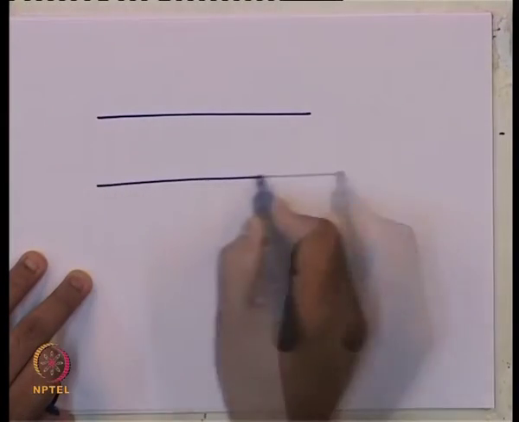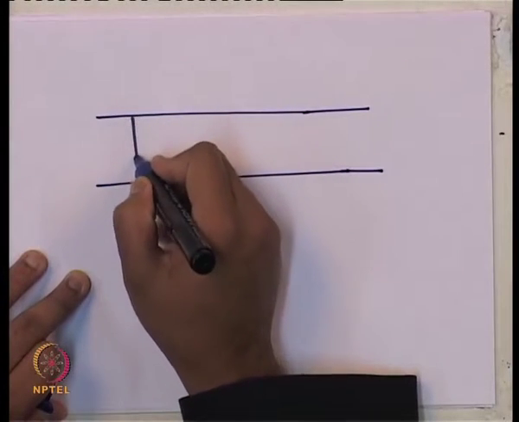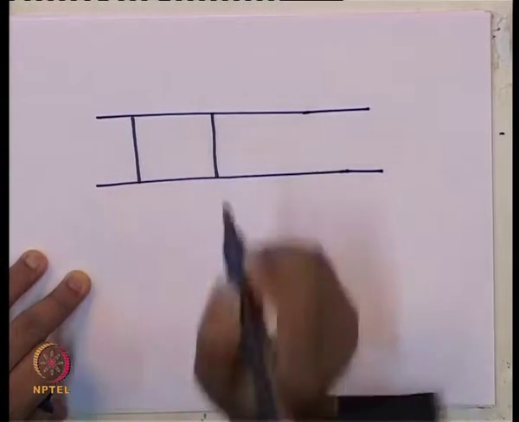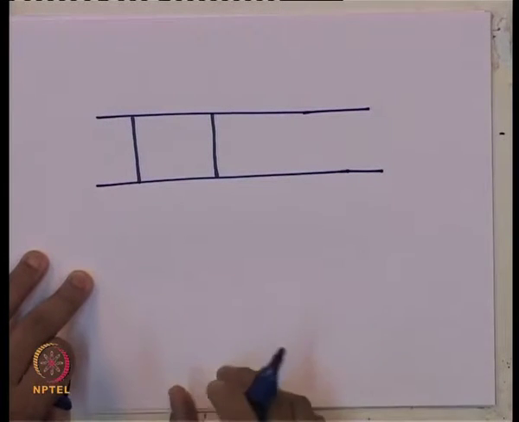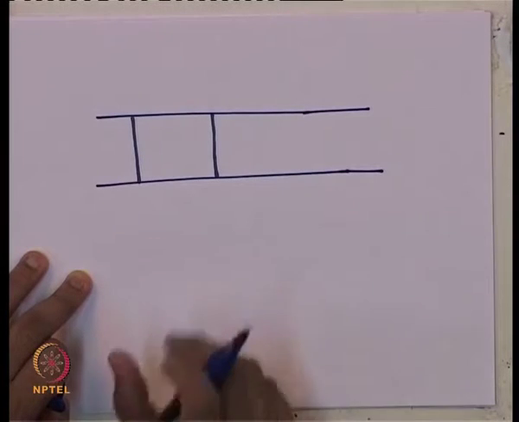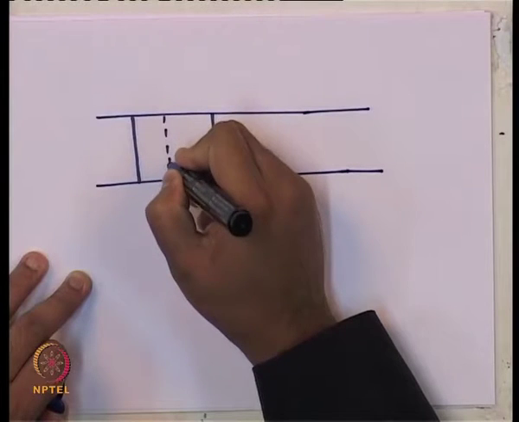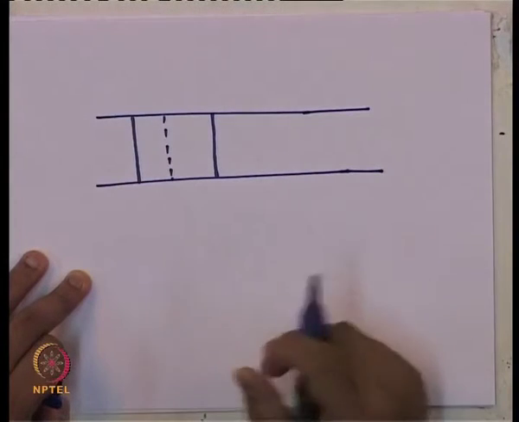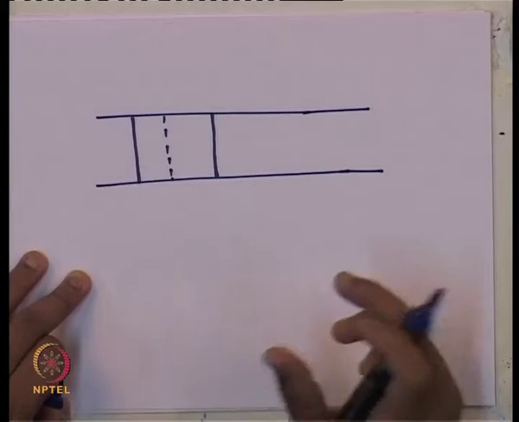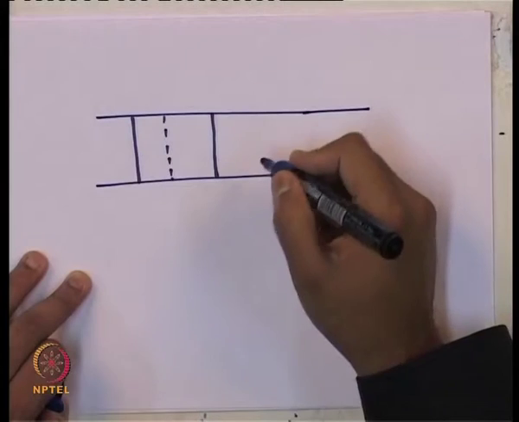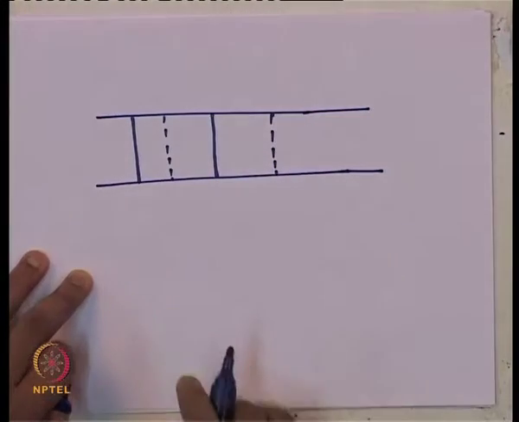Let us see. Let us exaggerate the figure. So, the initial position of the particle when the wave is traveling, let us say, was here, of length dx, and the final position, let us say, after a time, because this wave is traveling with respect to time we are considering, and its new position is given by these dotted lines.